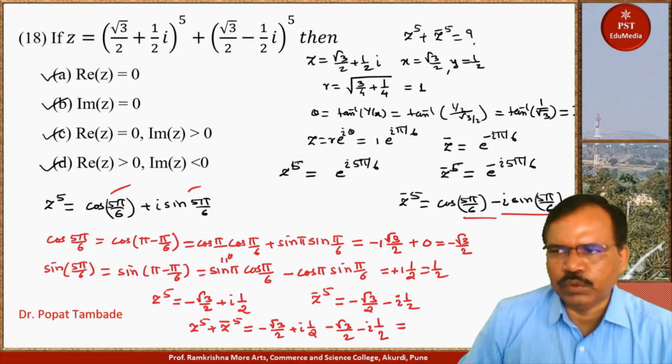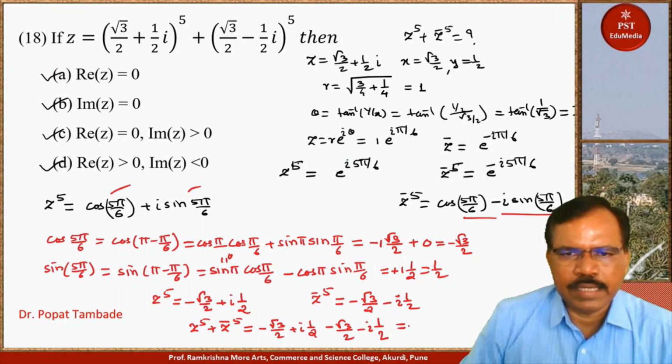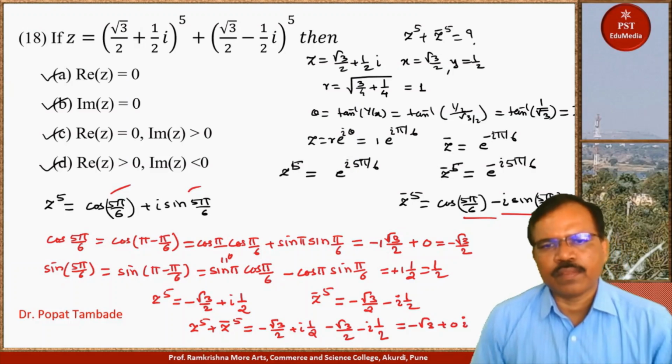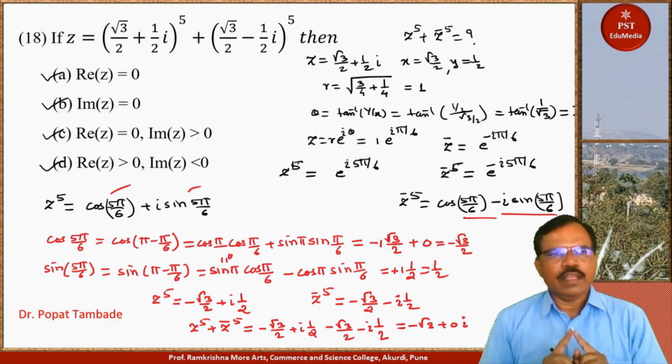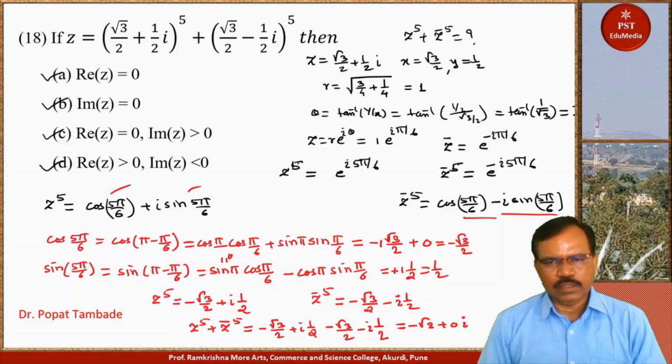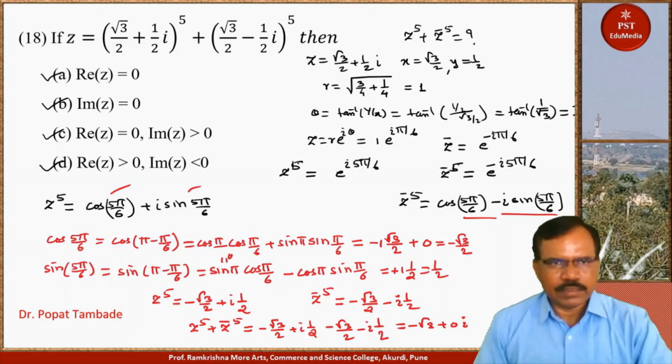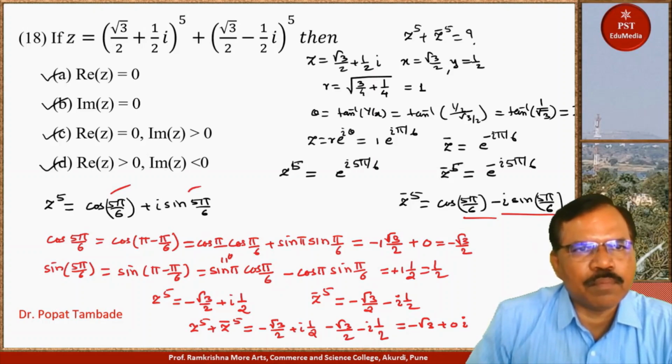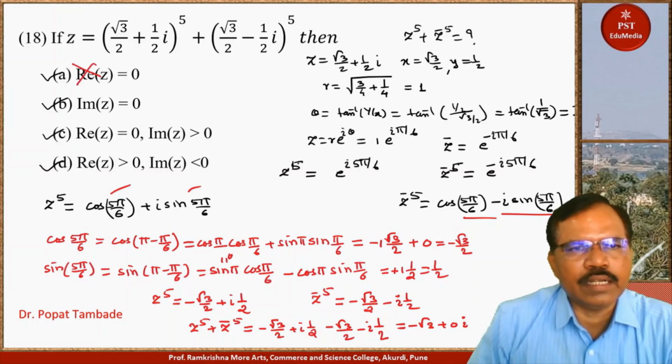So this gives you minus root 3 plus 0 i. So if we see here, the real part is not 0, the real part is less than 0, while the imaginary part is 0. So out of this, the real part is not 0, so this is incorrect.